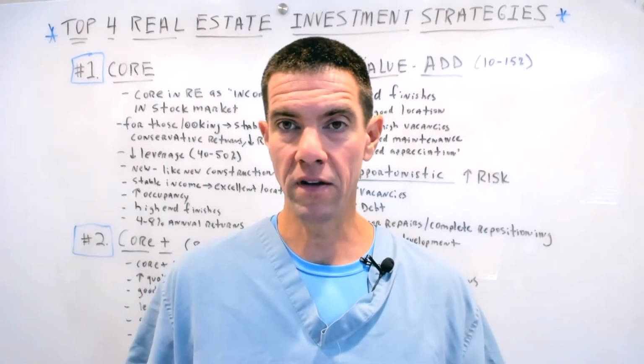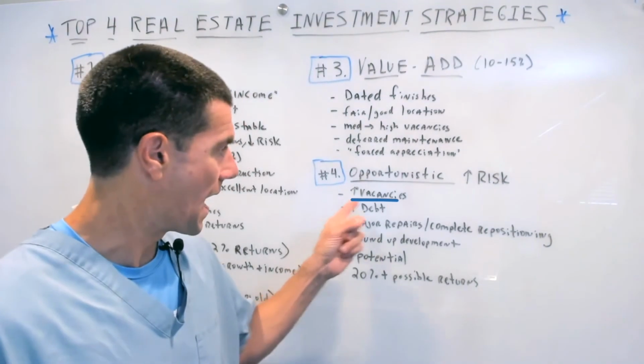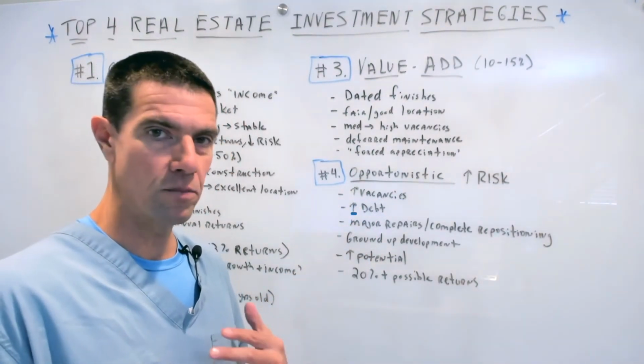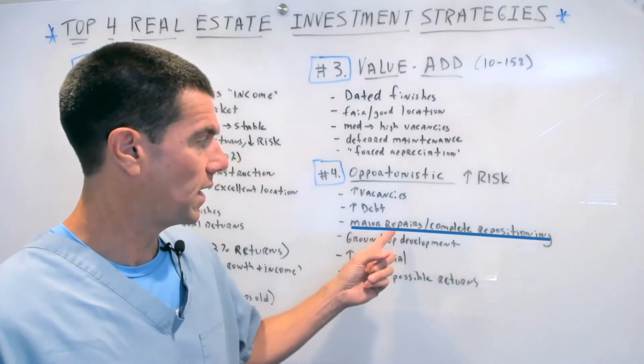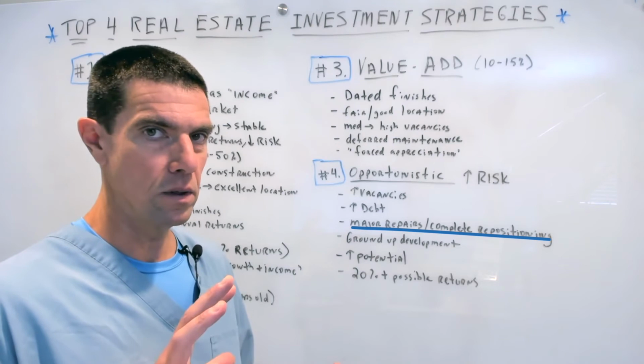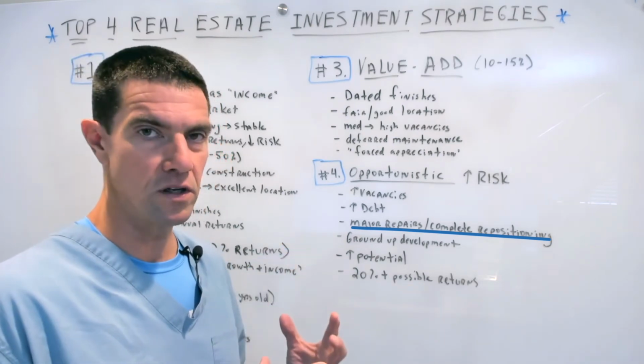These properties tend to have high levels of vacancy and high amounts of debt, possibly needing major repairs, or depending on the type of property, it could need a complete repositioning strategy.